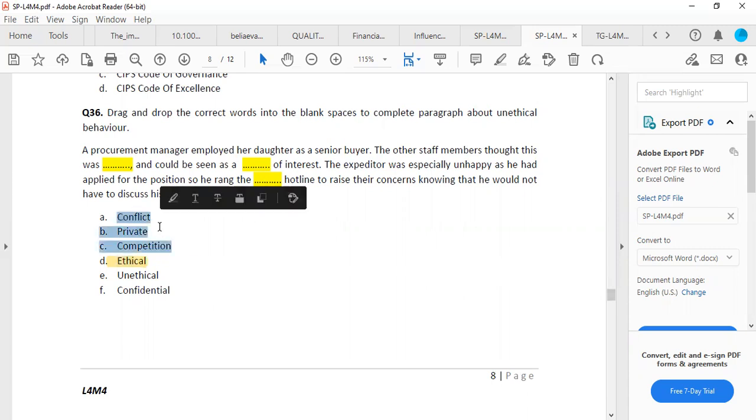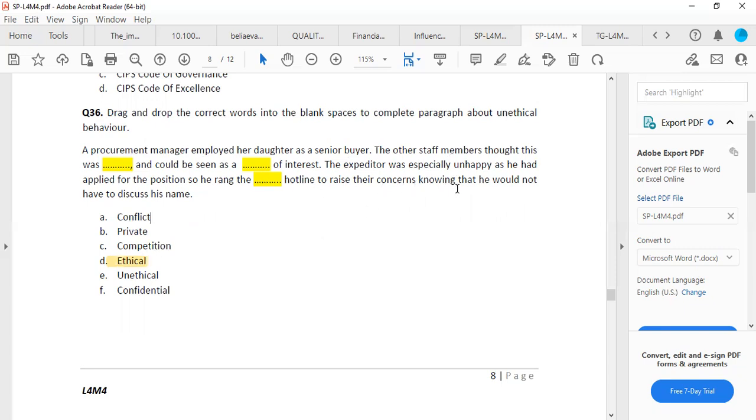So as for the private, the hotline can be private but may not relate to ethics. Because here you realize the person is trying to lodge a complaint of an unethical conduct taking place.